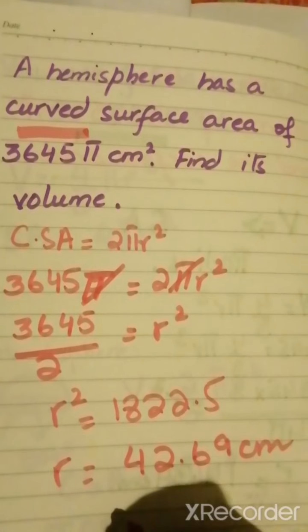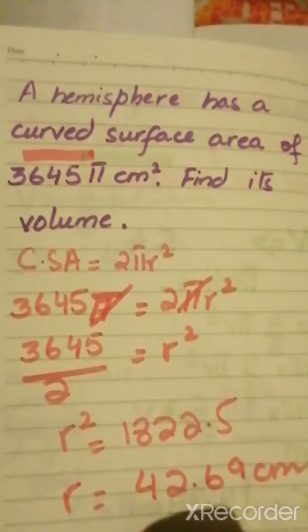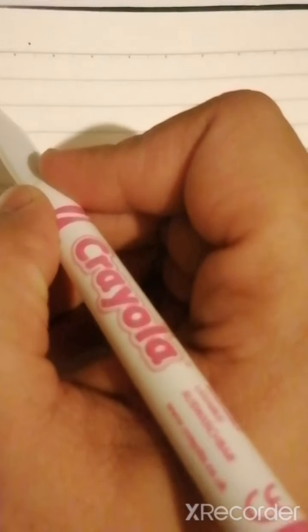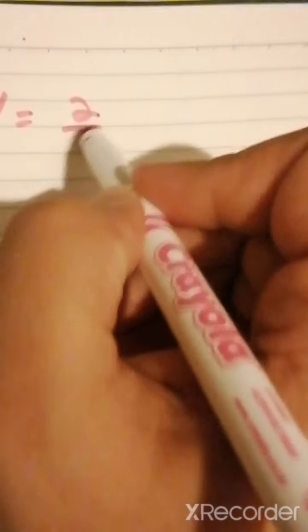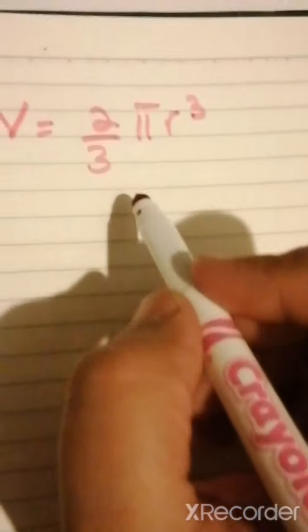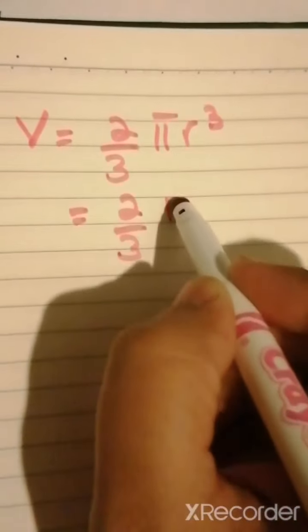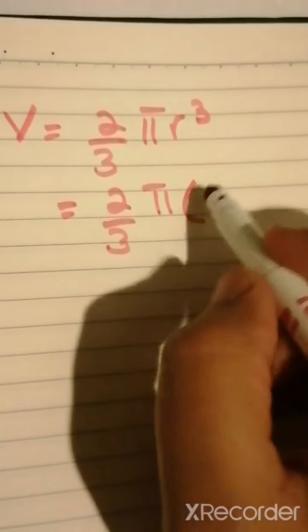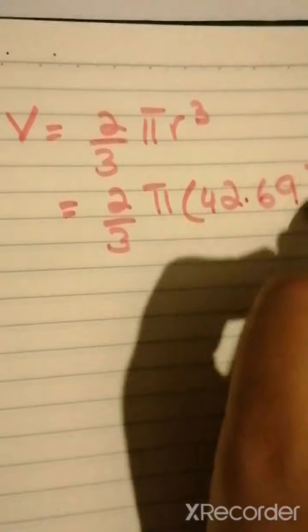Once you have the radius, finding the volume should not be a trouble anymore. Since we're talking about a hemisphere, volume equals 2 over 3 pi r cube, right? So that makes it 2 over 3 pi. Substitute the value of r, which is 42.69.